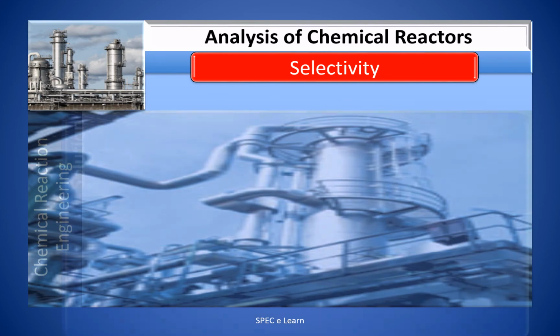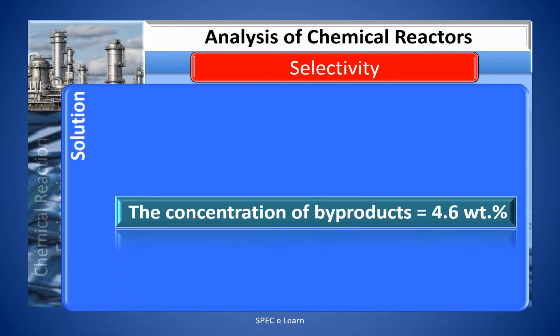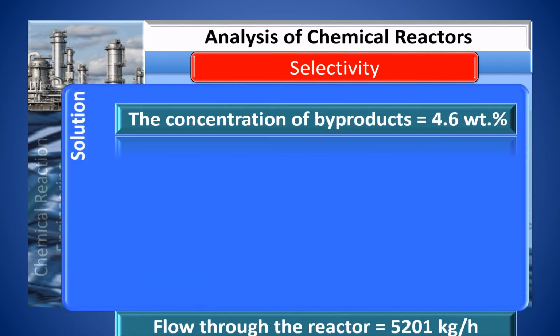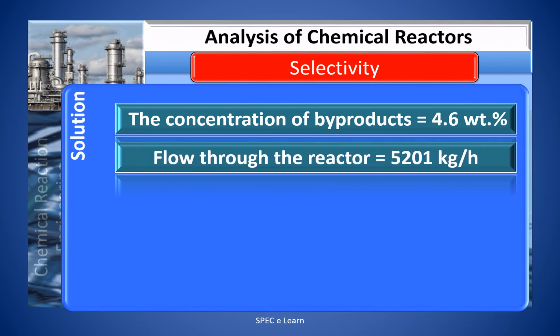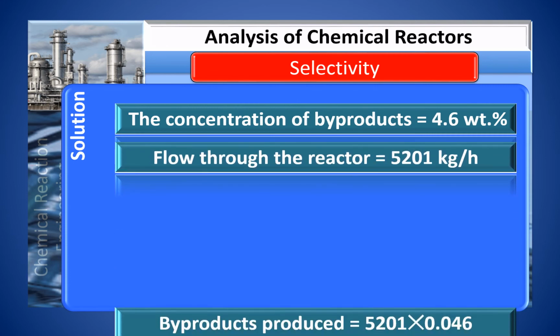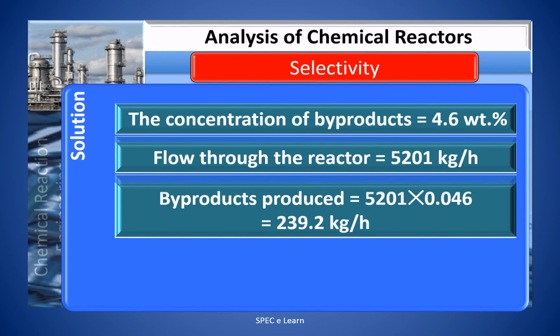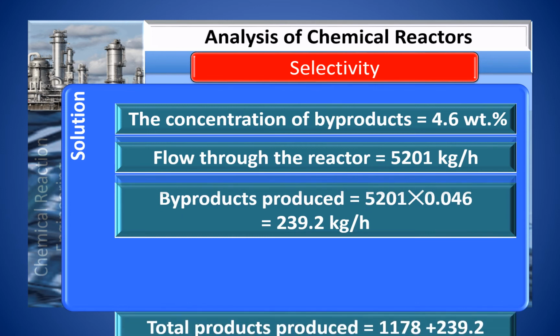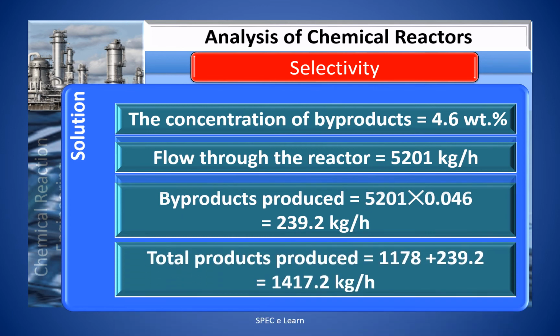The concentration of byproducts is 4.6% by weight. Flow through the reactor is 5201 kg per hour. Byproducts produced are 239.2 kg per hour. So total products produced are 1417.2 kg per hour.